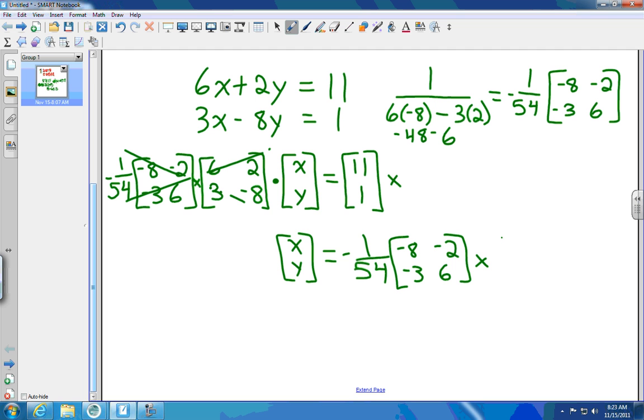And then that is times 11/1. So we're just multiplying the inverse times both sides. But again, I'd rewrite it so it's in a better order for multiplication. And you don't want to do anything with that 1/54 yet. You want to multiply the two matrices first.